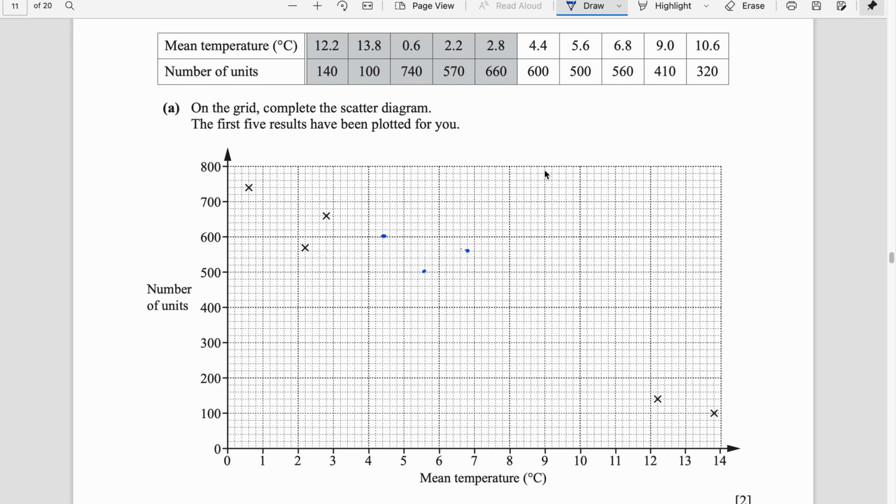This is 560. Against 9, it is 410, 9 and 410. 10.6, it is 320.